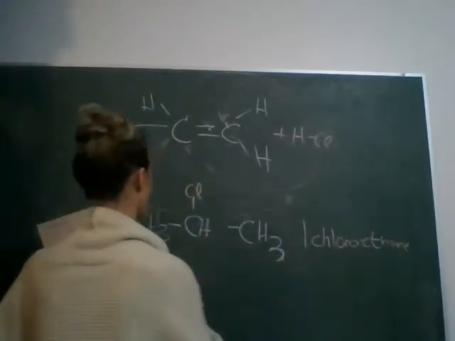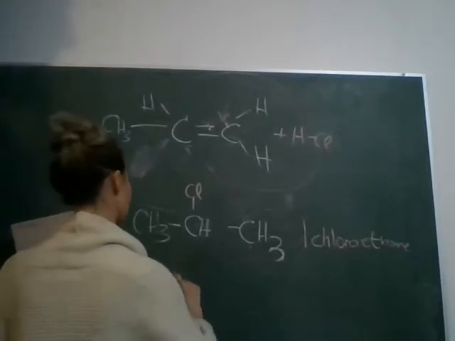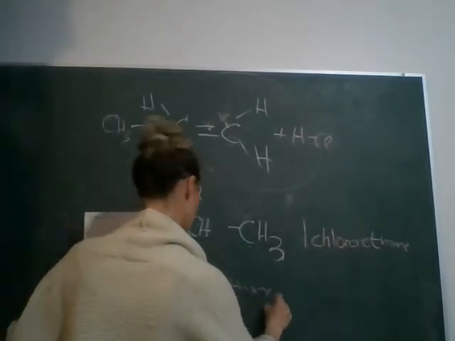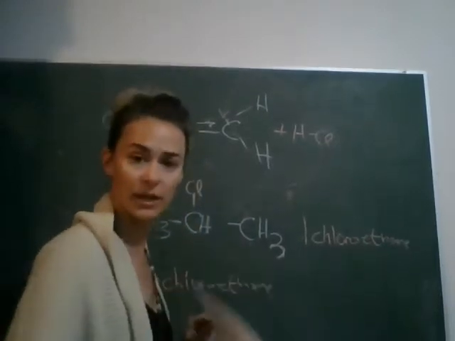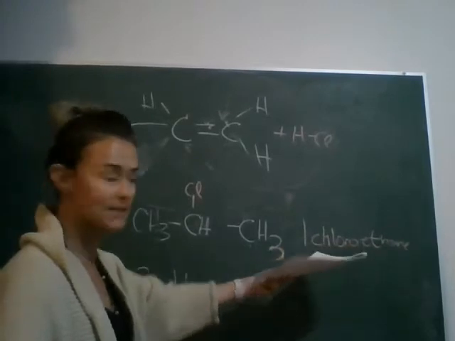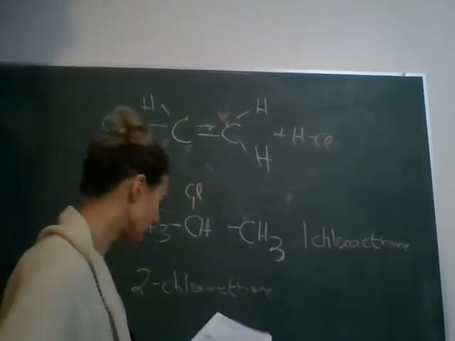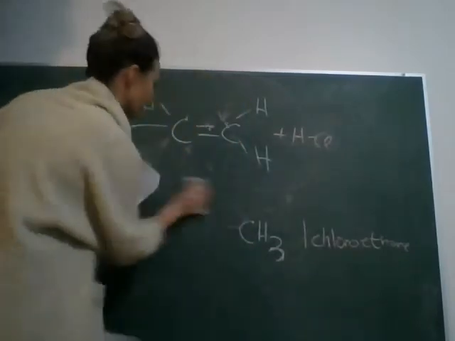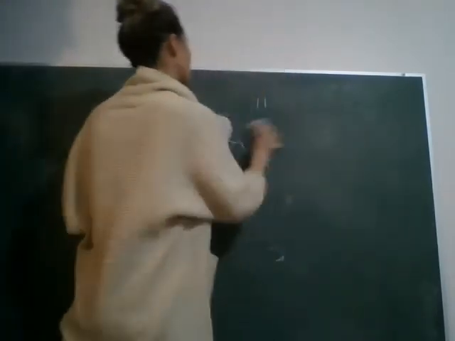So you're going to get, in this case, 2-chloroethane. So what you're going to learn is that you can actually get a combination of the two of these as your products. So you're going to get some 1-chloroethanes and some 2-chloroethanes. Okay? All right. So those are the basic examples of our alkenes.